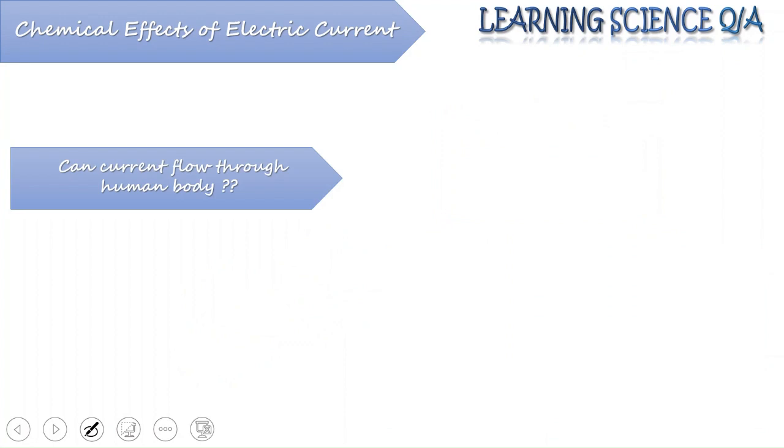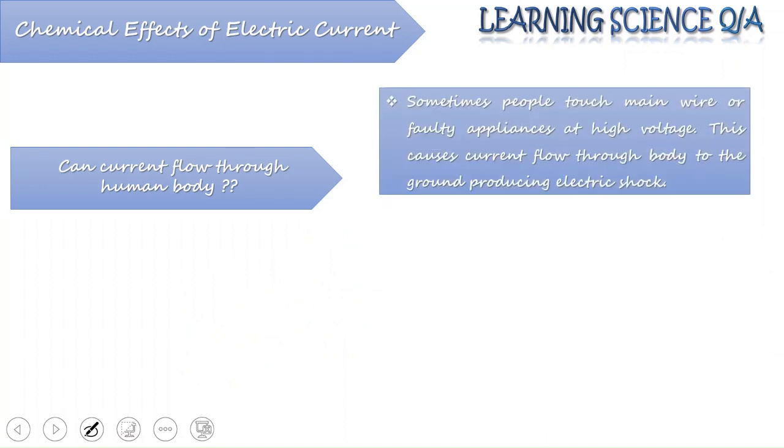Now, you must have heard that sometimes people also get electric current, right? So this happens when sometimes people touch a main wire, some insulation is missing from some wire, and some faulty appliance is working at a high voltage, right? In these cases, there are chances that the current will flow to the ground through the body and it will produce electric shock.